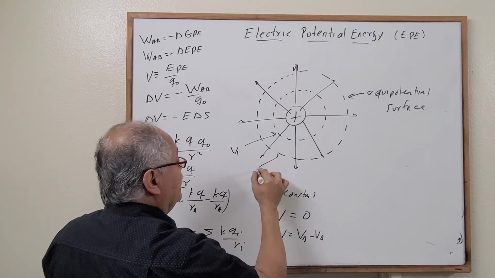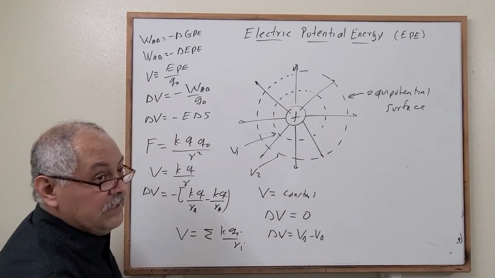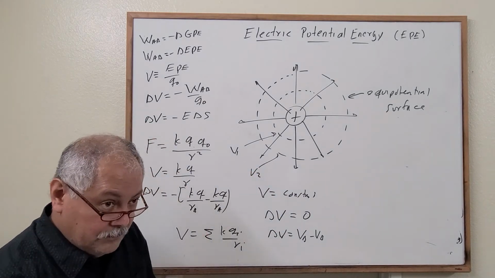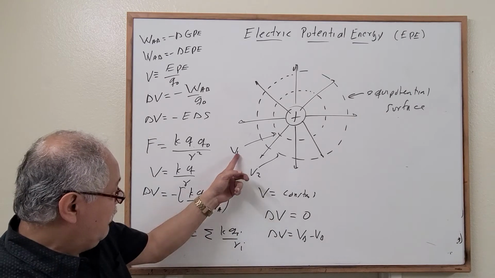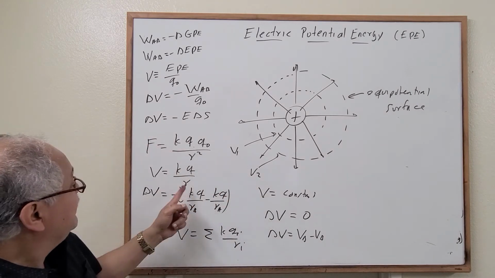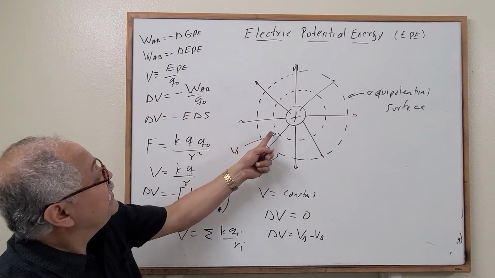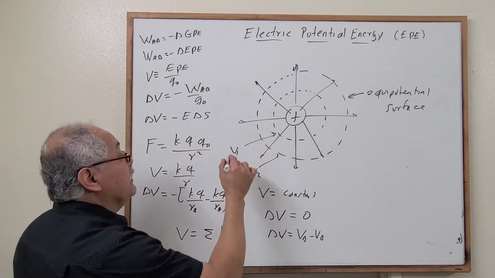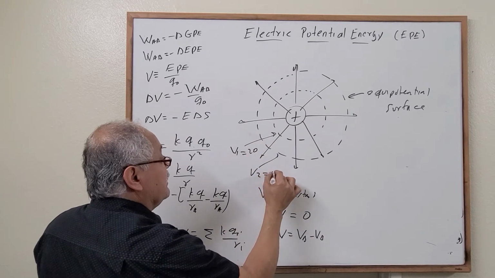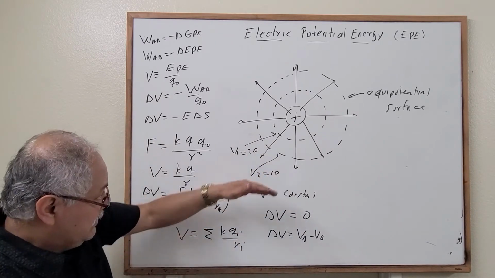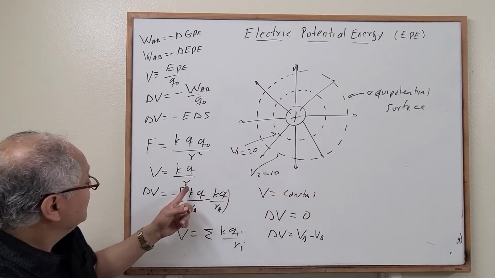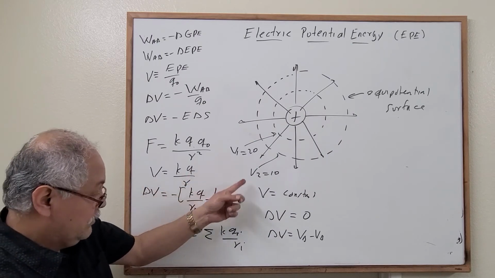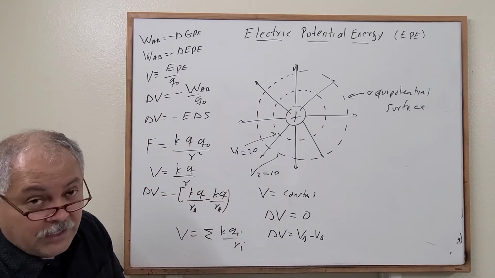Okay, it's gonna be V2. But which one is a higher value? V1 or V2? Well, remember, it depends on the distance. If the distance decreases, this quantity increases. So if this is, let's say, 20, this is gonna be what, 10? Because the distance increases. If the distance increases, this value, right, the electric potential, decreases.